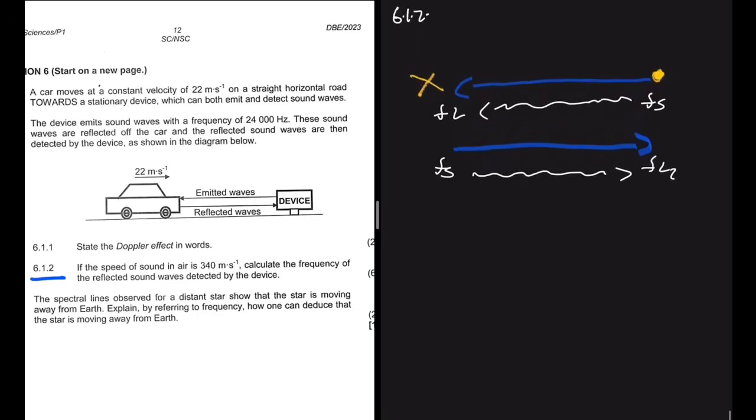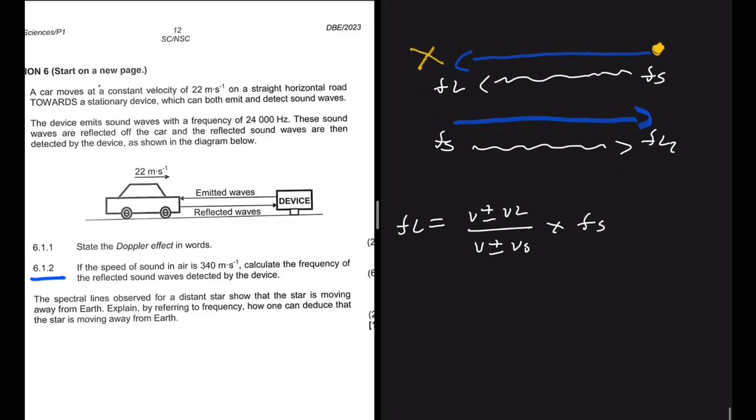For the first part, we have the frequency of the listener equals V plus or minus the velocity of the listener, divided by V plus or minus the velocity of the source, multiplied by the frequency emitted by the sound source.